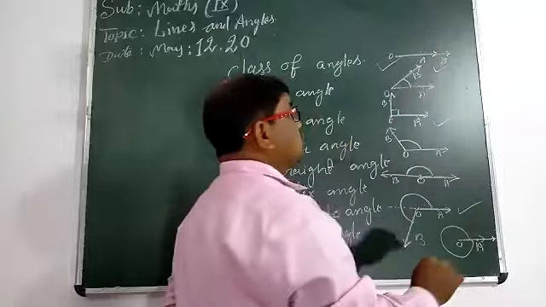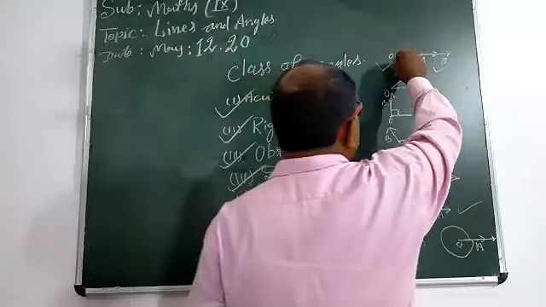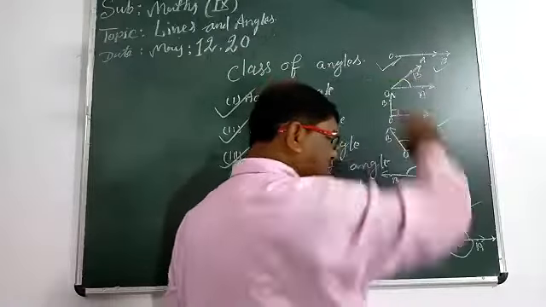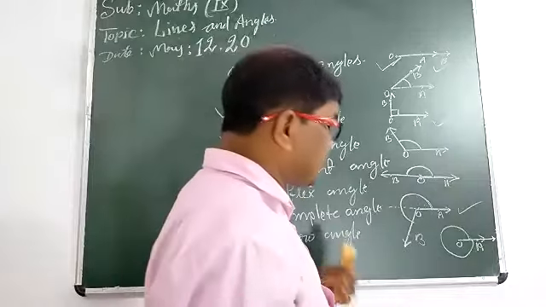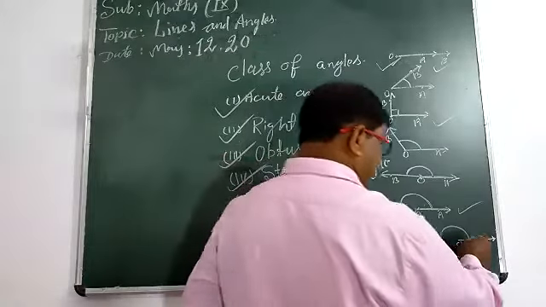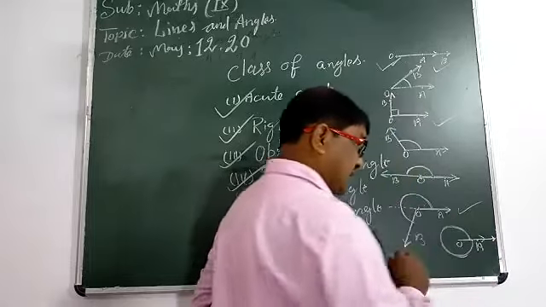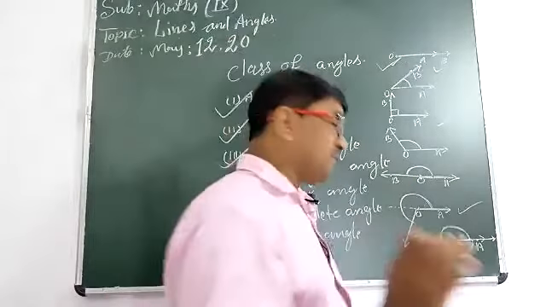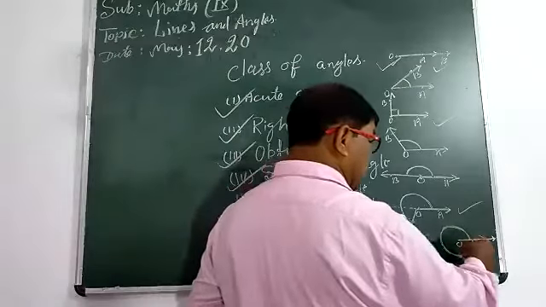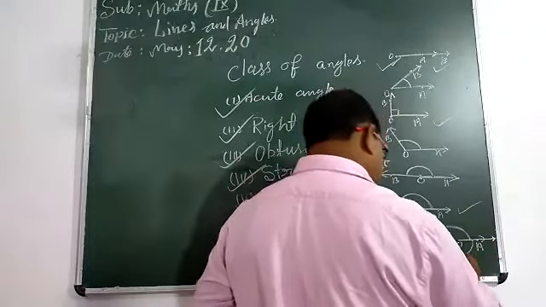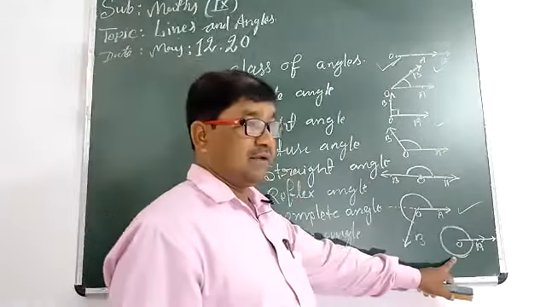It means no movement between these two rays. So, measure of this angle will be 0 degree. Here, these two rays are coincided and shown by a circle. It means the second ray is on the first ray after completing one round. This type of angle is called complete angle.